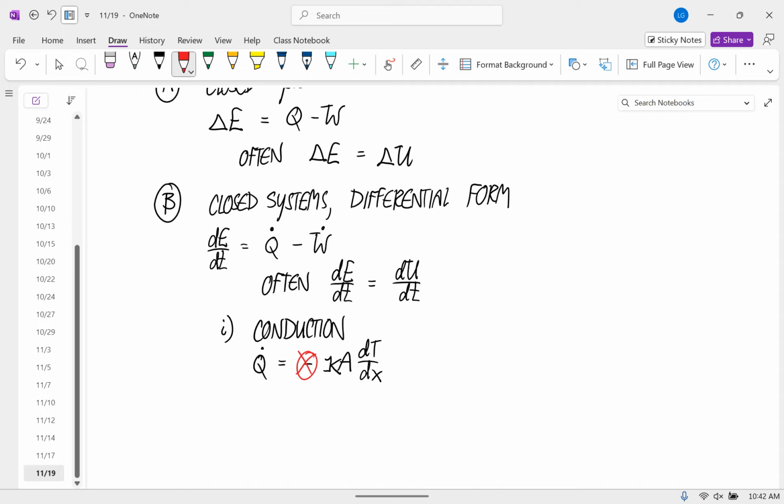But remember that to use it with the first law, Q dot has to be positive if energy is going into your system. And so the sign depends on whether your system is the higher temperature thing or the lower temperature thing.